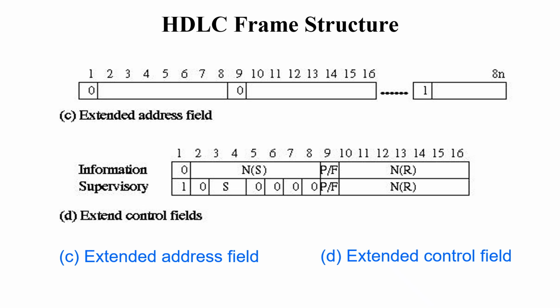The extended control field expands the control field to 16 bits, allowing for a larger sequence number space. In this format, information frames include the send sequence numbers, the poll/final bit, and the receive sequence numbers.